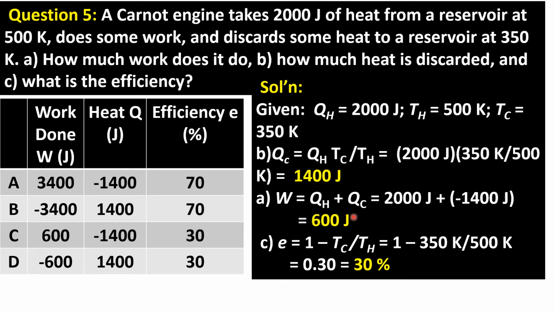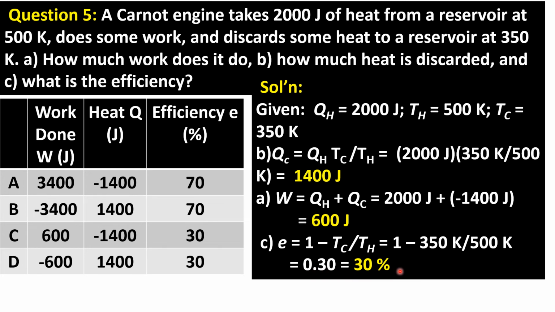And finally, determining the efficiency. Again, we make use of the Carnot efficiency formula, which is 1 minus Tc over Th, where the Tc is given 350 Kelvin divided by the Th, which is 500 Kelvin, and our value for efficiency for this Carnot engine is only 0.30 or 30%.